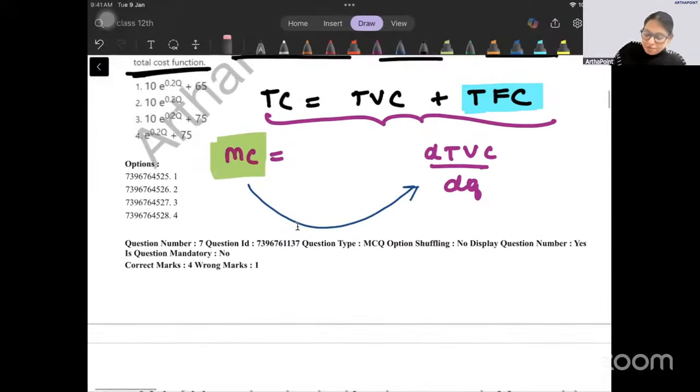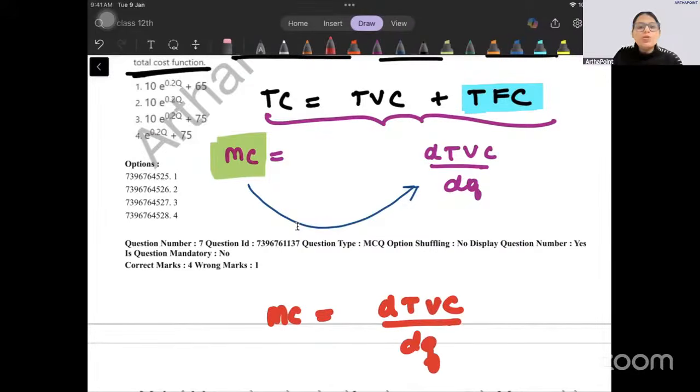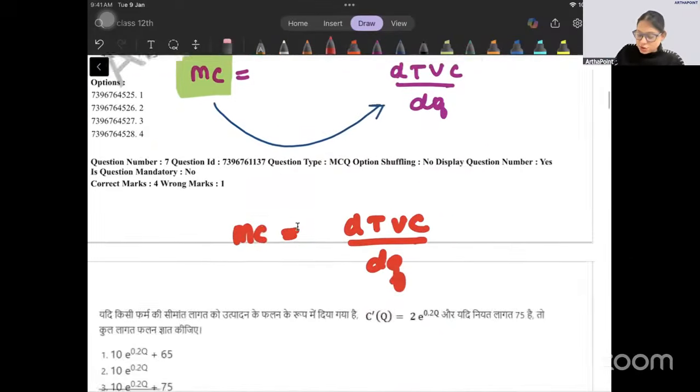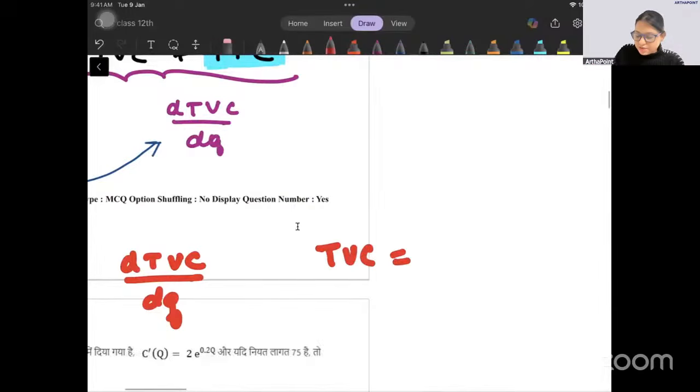So if marginal cost is differentiation of total variable cost with respect to output, then can I say that total variable cost will be integration of marginal cost? We can go ahead and say that, right? So I want all of you to integrate this function.